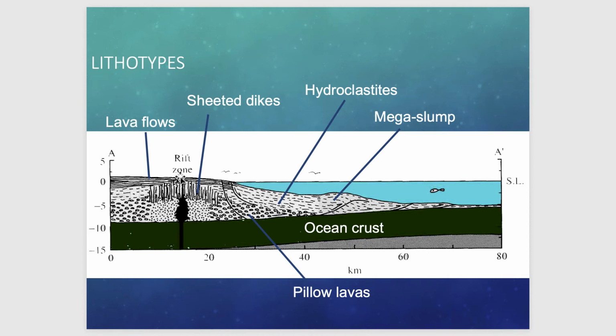So this would be your central rift zone, and then you have all these stratified lava flows that are at the top really of the shield volcano.